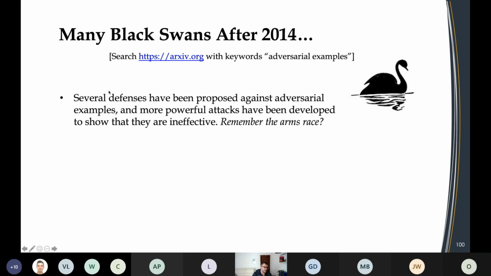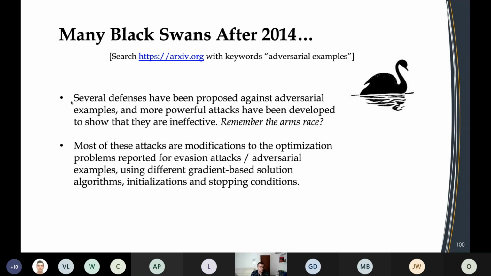And there has been a huge number of attacks and defenses proposed to solve the problem. And then many of these defenses have been shown to be broken by stronger attacks, in a sense, or because the evaluations performed in the original papers were faulty. So this is something we will expand on in more detail because it's really important for this field.